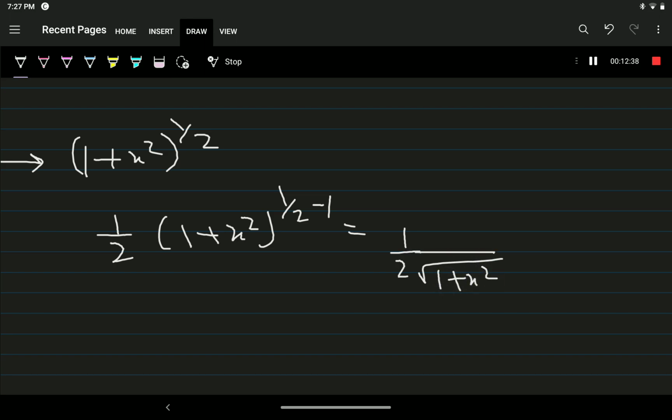Now you see here I will again use the chain rule. The constant gives 0 and this is 2x, so x by root over 1 plus x squared.